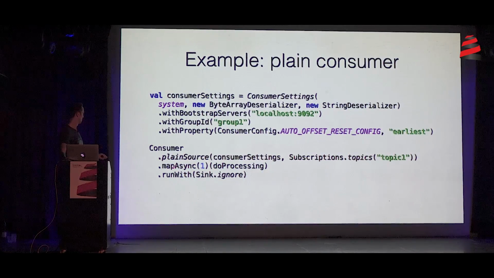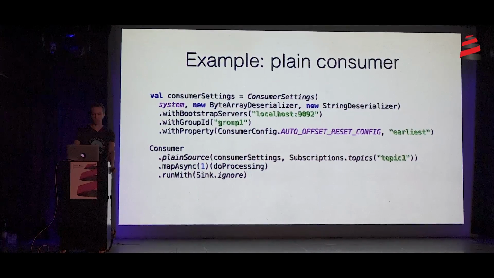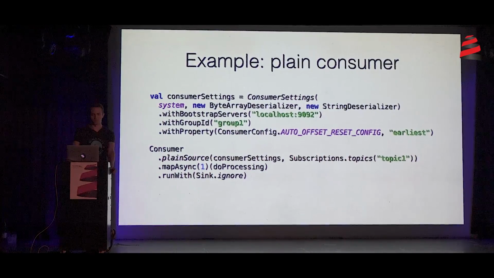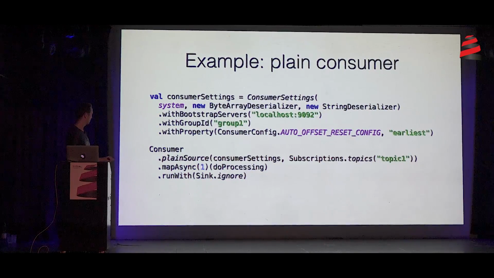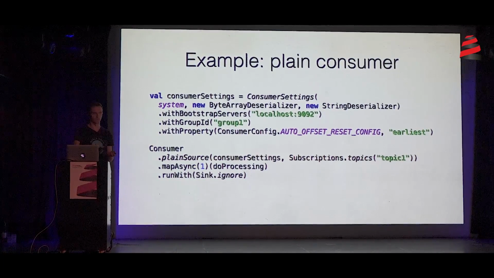Here is just one stage, mapAsync, doing some processing. If you're not familiar with mapAsync, if you know map from Scala collections, then mapAsync is something similar. But you can call asynchronous functions and provide a parallelization parameter, which will define how many parallel processing executions you want to have.